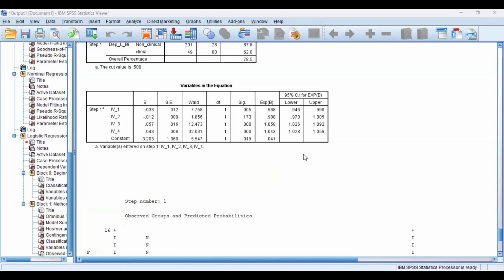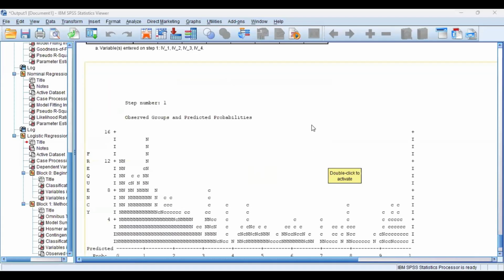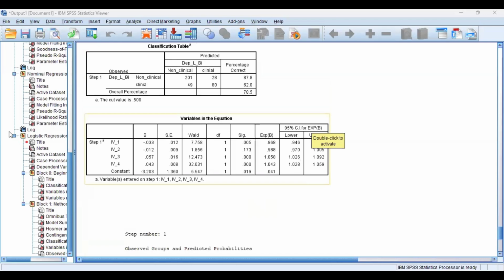You don't see that in all publications. What I mentioned before, saying that higher levels of IV4 significantly increase the odds of clinical depression and reporting these statistics, is also acceptable to test your hypothesis. So this is the main thing that you need to report for your hypothesis testing.